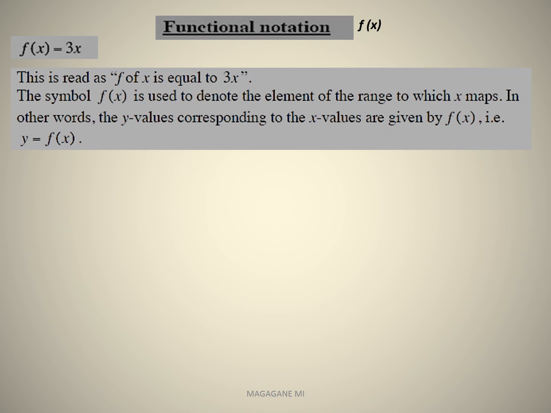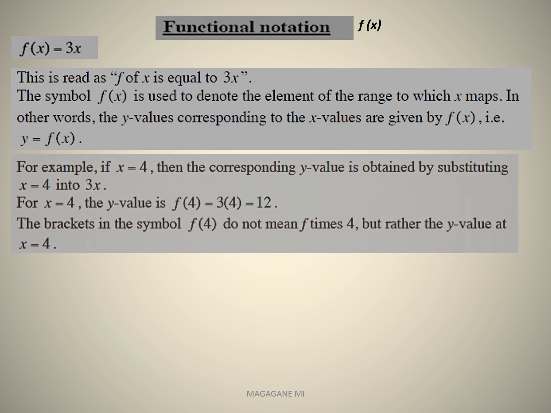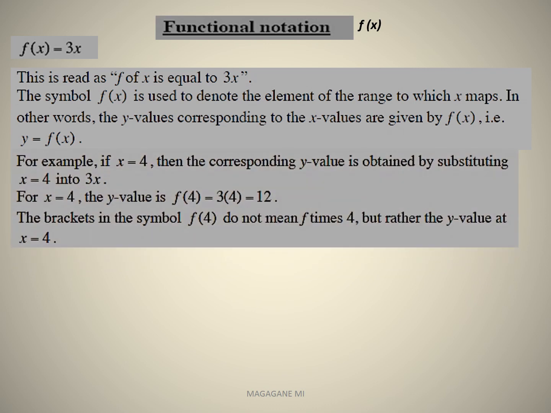In other words, the y value corresponding to the x values is given by f of x. Therefore, f of x represents y or the range. For example, if x equals 4, then the corresponding y value is obtained by substituting x equals 4 into 3x. For x equals 4, the y value is f at 4 equals 3 times 4.